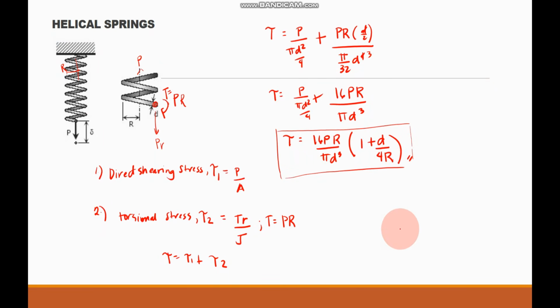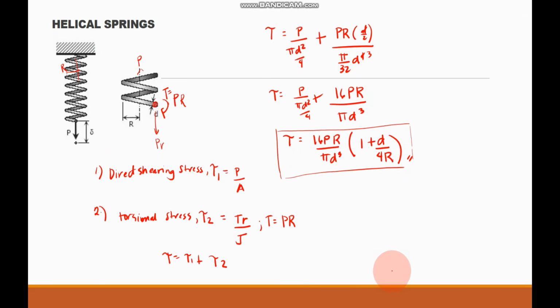So this formula neglects the curvature of the spring and is used for light spring, where the ratio is equal to d all over 4 multiplied by R. For heavy springs, we are considering the curvature of the spring, and it was introduced by A.M. Wahl, in which he developed a formula on the ratio of the diameter of the wire with the mean radius of the helical springs.